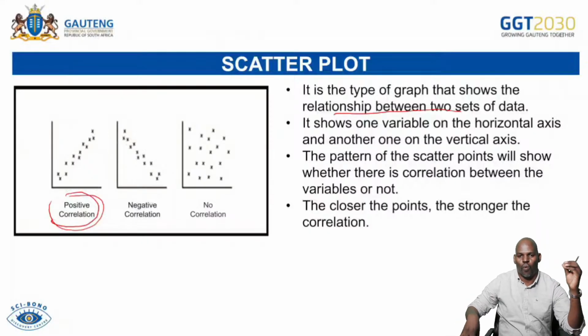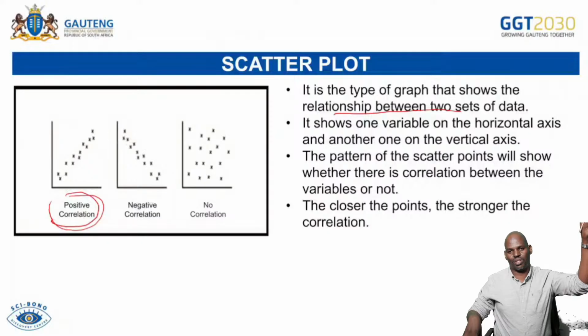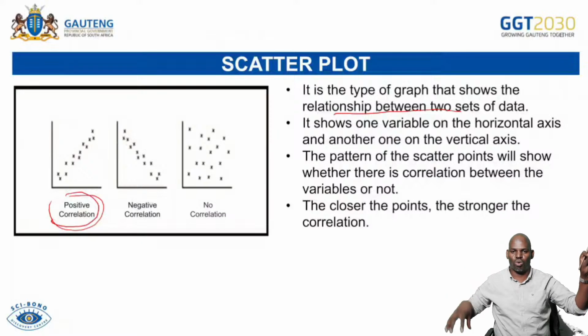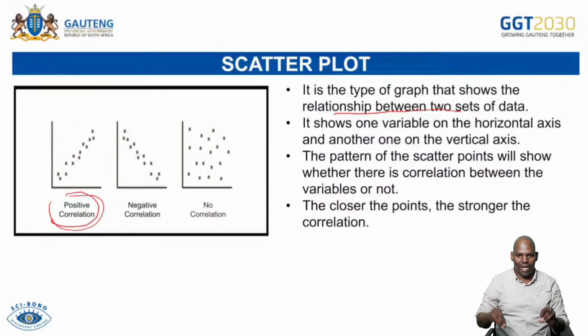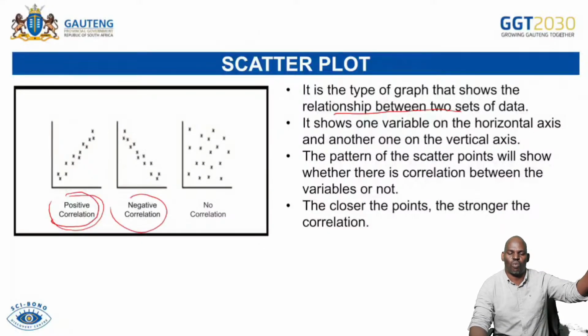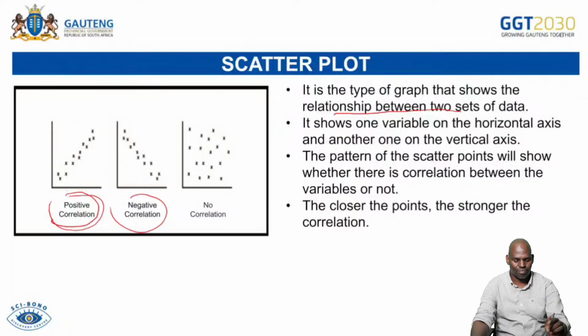So when you increase one quantity, in this case your time of watching TV, your marks are going to drop because you are not going to spend your time studying, right? So that is a negative correlation. A negative correlation is when one quantity increases, the other one will decrease.